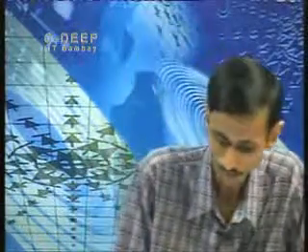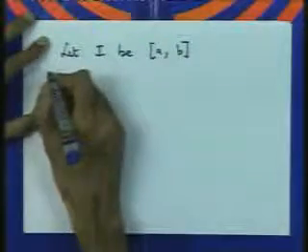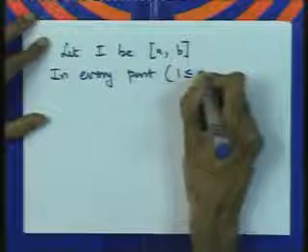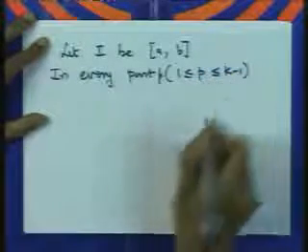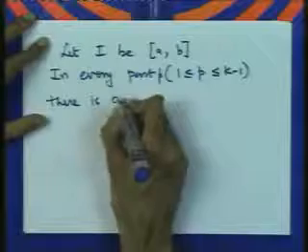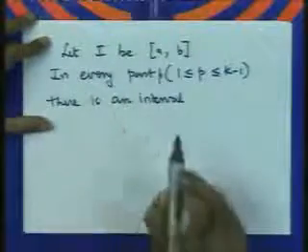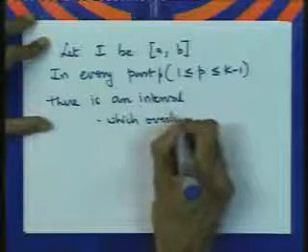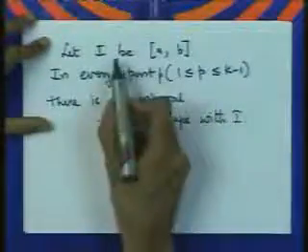So let I be the interval AB. In every part P, say 1 less than or equal to P less than or equal to k minus 1, there is an interval which overlaps with I, because I was not put into any of these parts, it was put into the part k.